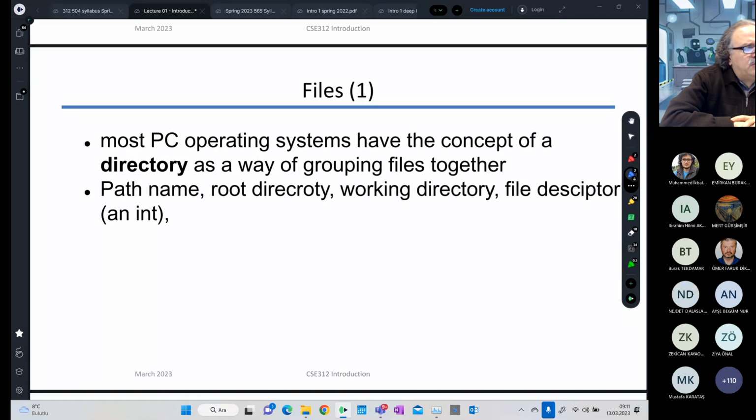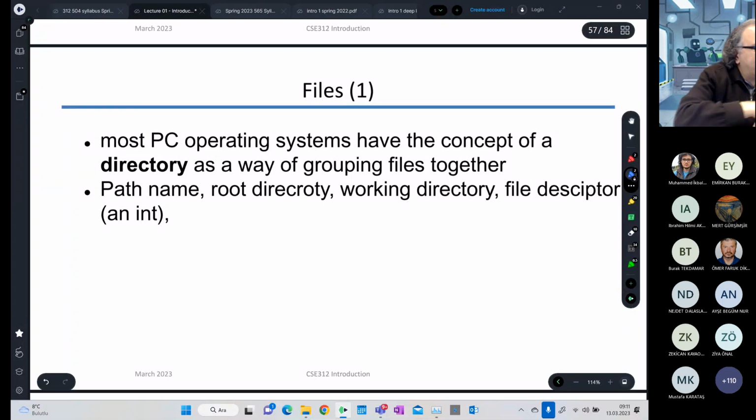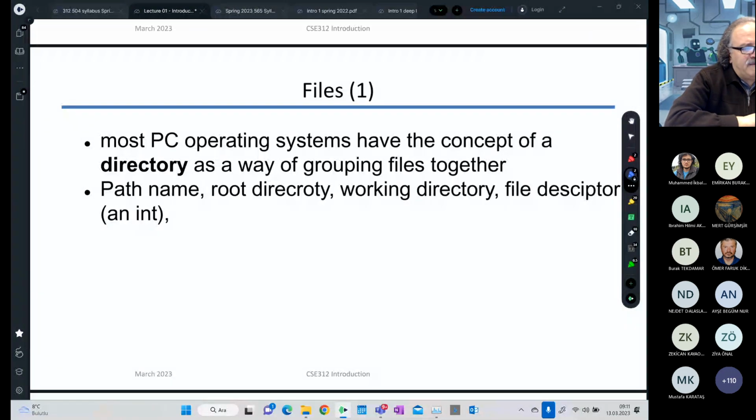And in order to find a file on a secondary storage unit, I need to know its address, and the address is known by the path name. We will talk about them when we come to file systems. In this book there is a complete chapter about file systems.